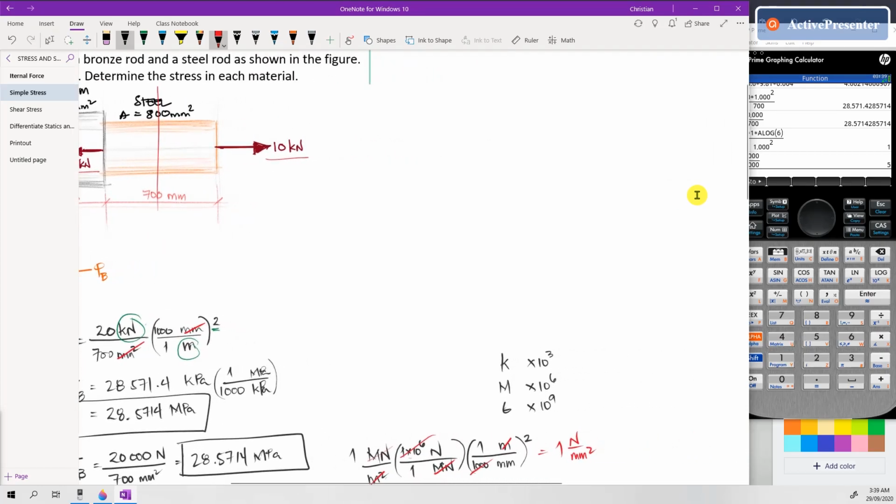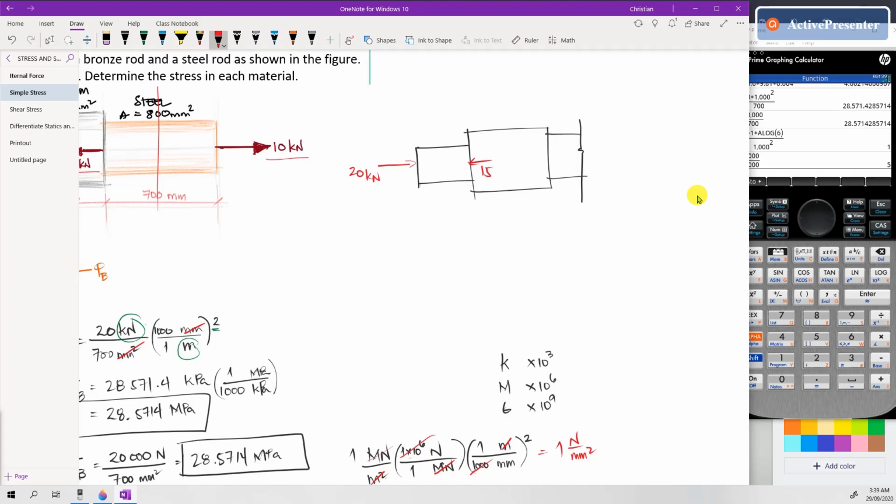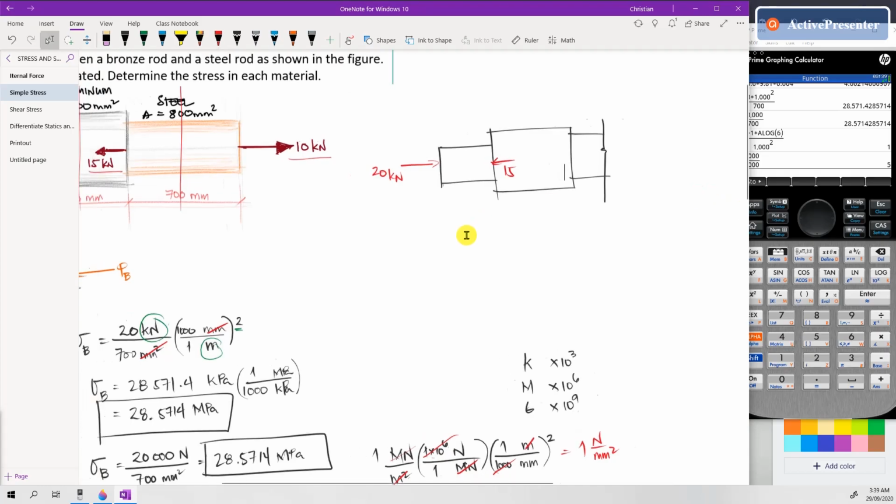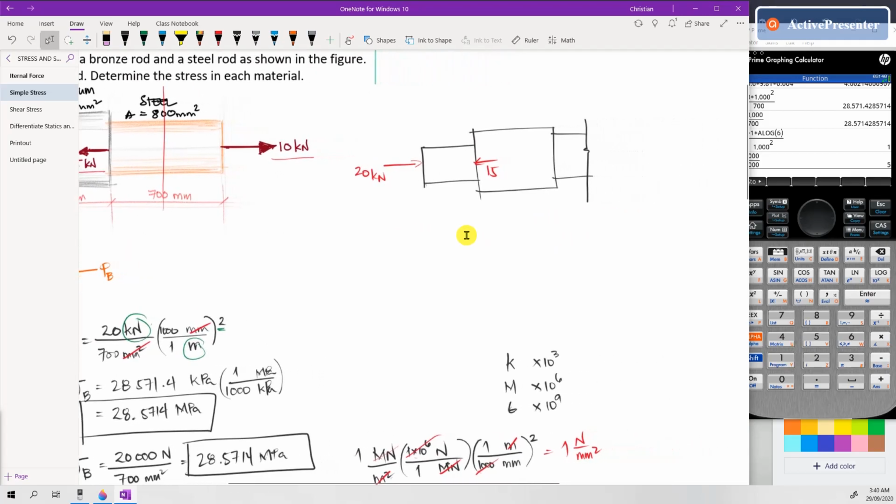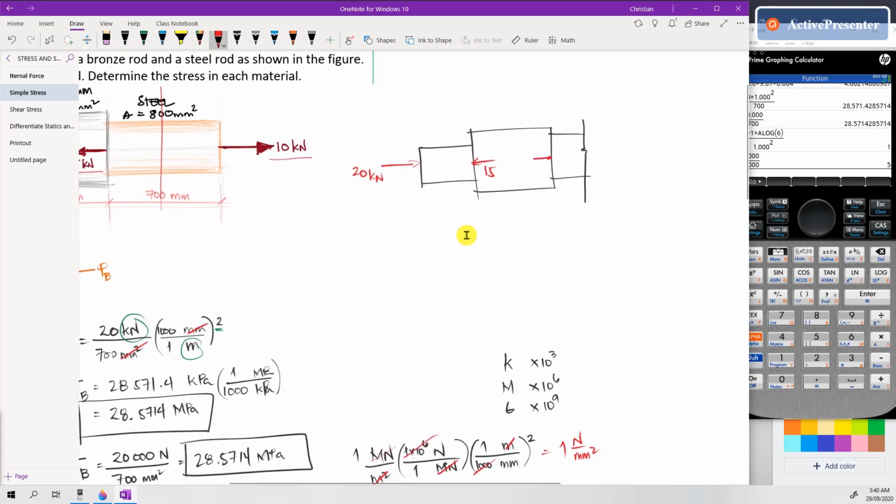So, meron tayong bronze. We have aluminum. Yung ating steel. So, we have 20 kilonewton, 15 kilonewton, so another 15 dito.